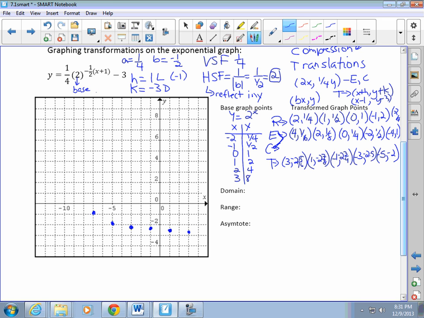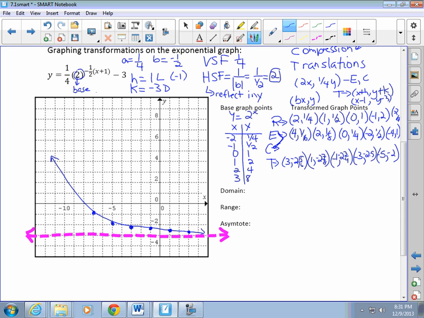So you can see it's slowly curving up. It's increasing, which is what it should be because my base here is greater than 1. So just continue in that direction. And in this direction, it's going to get closer and closer and closer. So you can see my values were getting closer and closer to that -3, but they didn't touch the -3. So my horizontal asymptote would be right there.